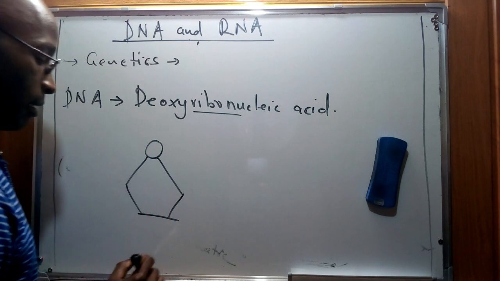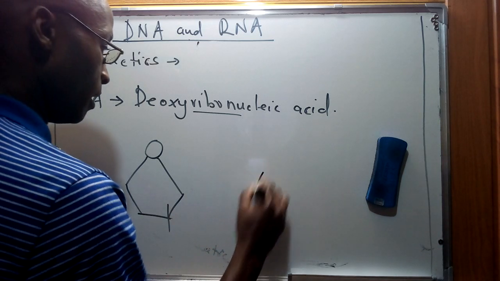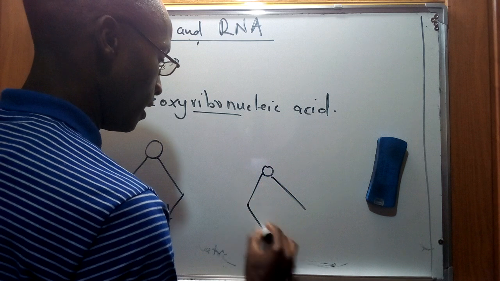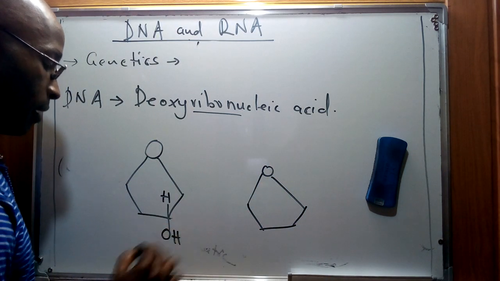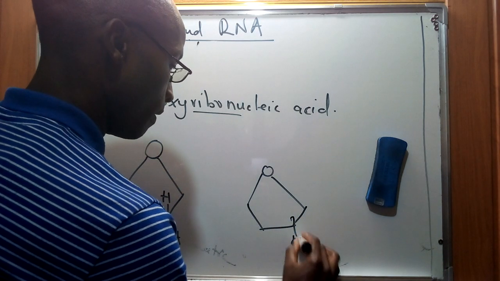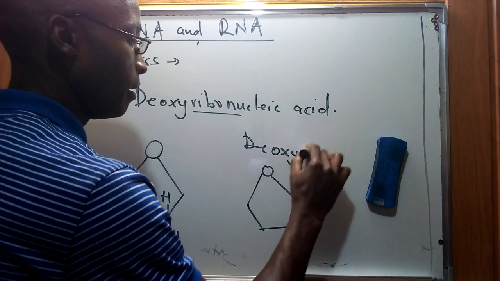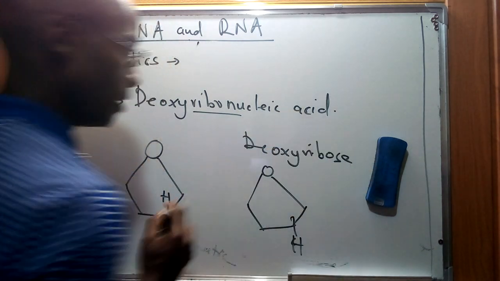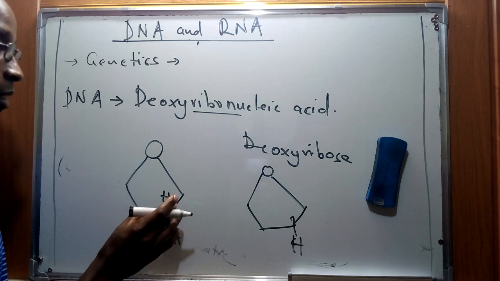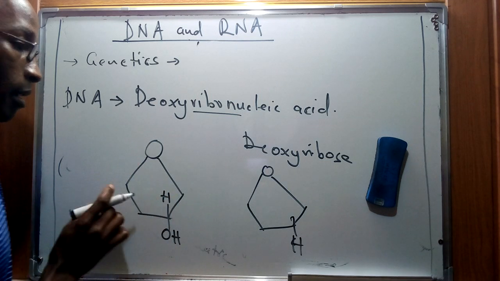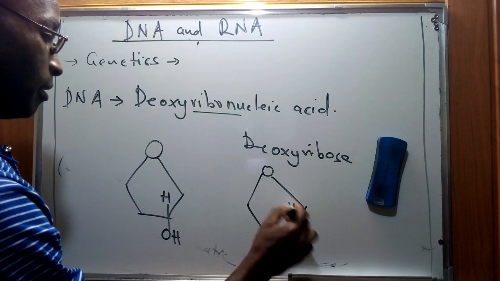In this sugar, there's a difference between the ribose and deoxyribose sugar. This is the deoxyribose, and I've assumed the other attachments for these molecules, because they are just the same, only that the difference appears in this specific part.